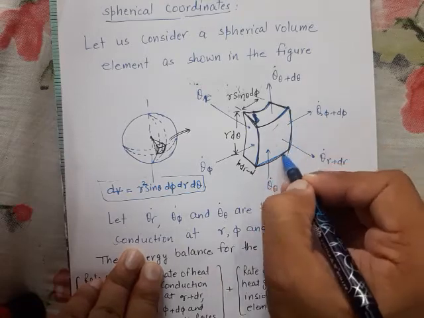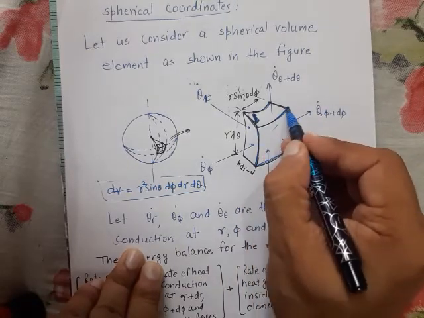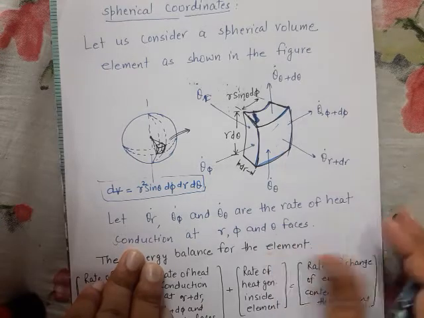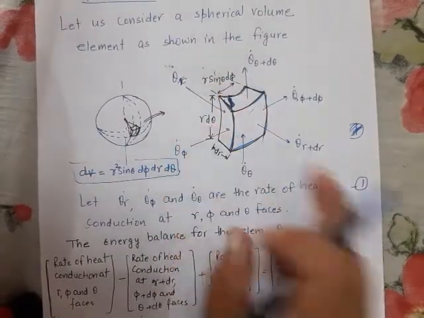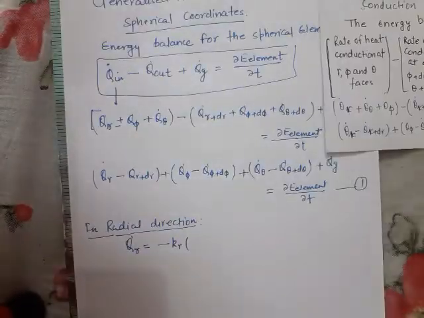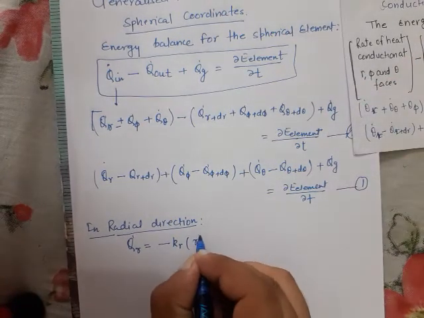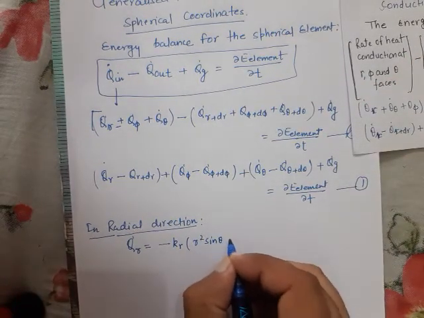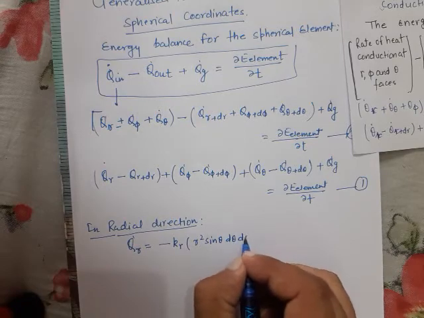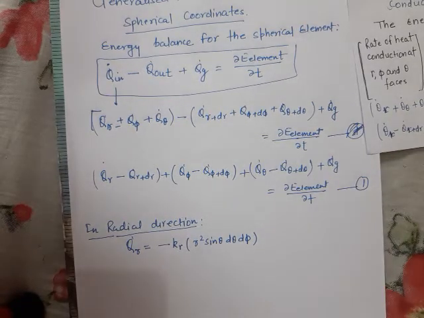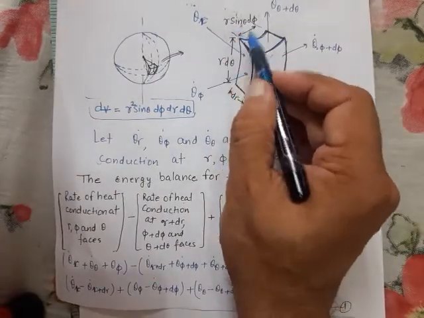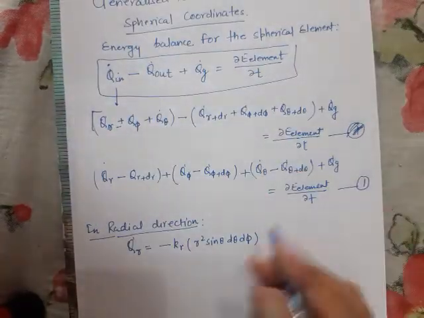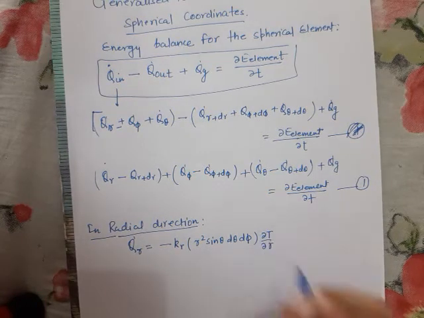So this area is r sin theta d phi multiplied by r d theta, which is r square sin theta d theta d phi. Then it is multiplied by del T upon del r.